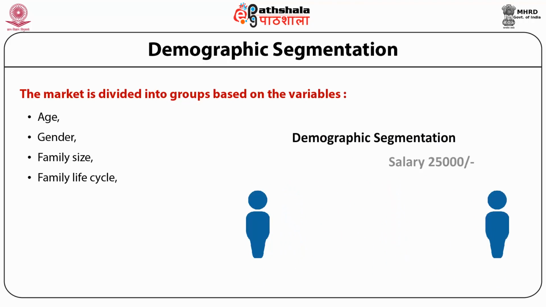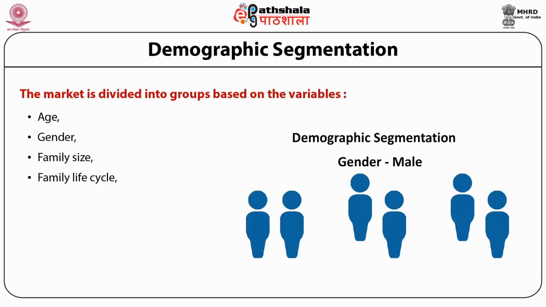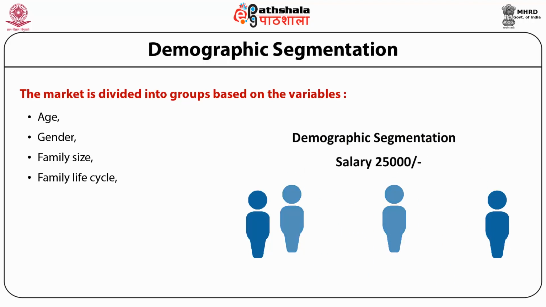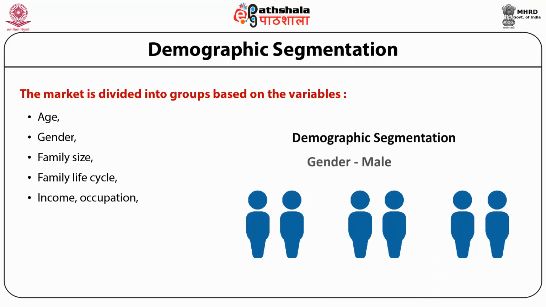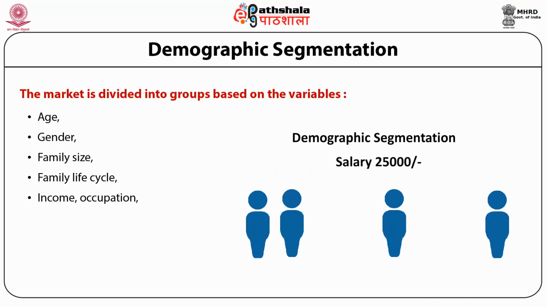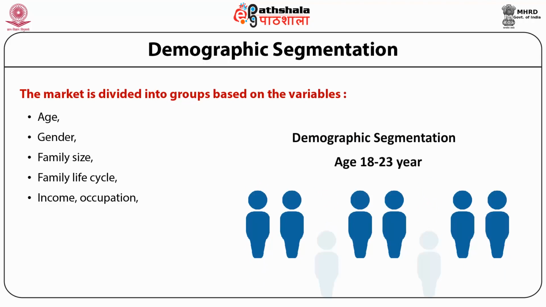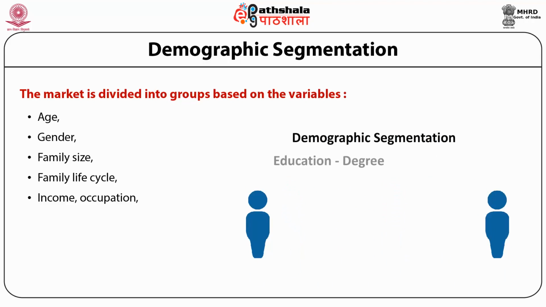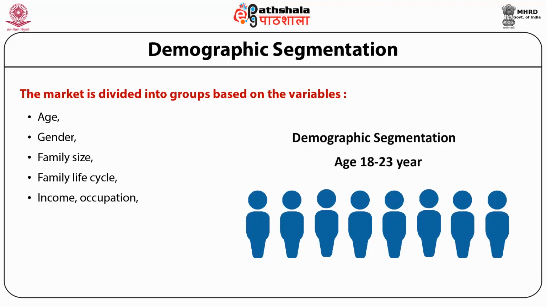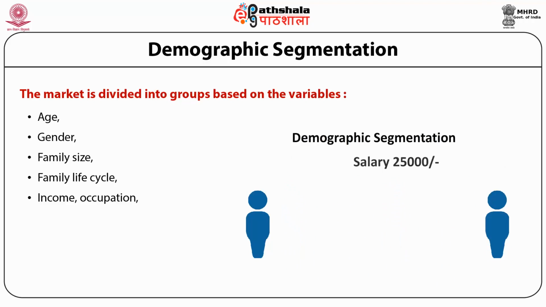Income and occupation also decide how the market can be divided. High income group, middle income group or low income group people may be one way to divide the market. Similarly, the tastes of different occupational groups might be different, say farmers, public servants, or people working in corporate houses.